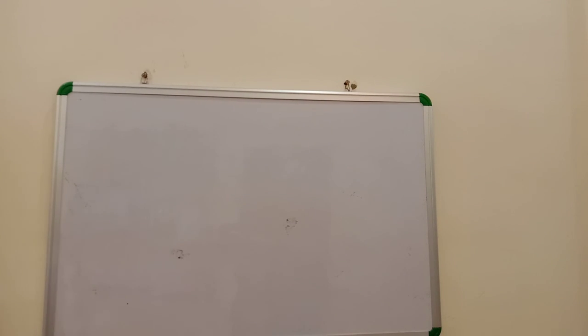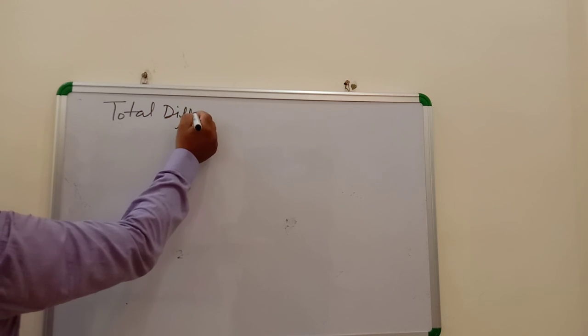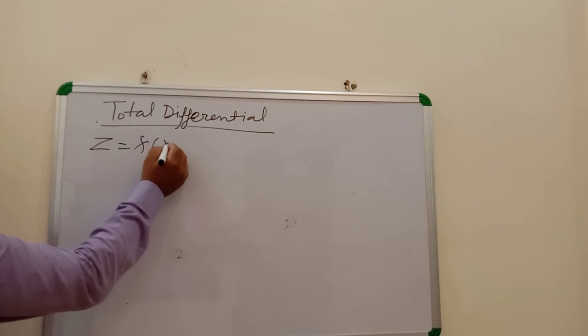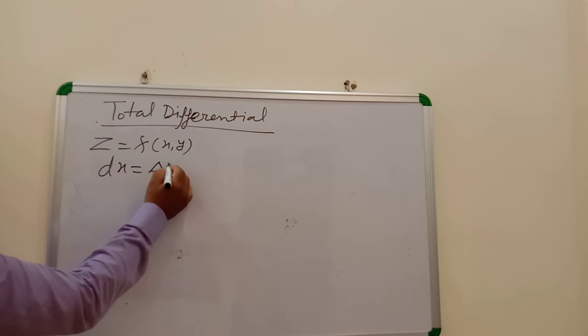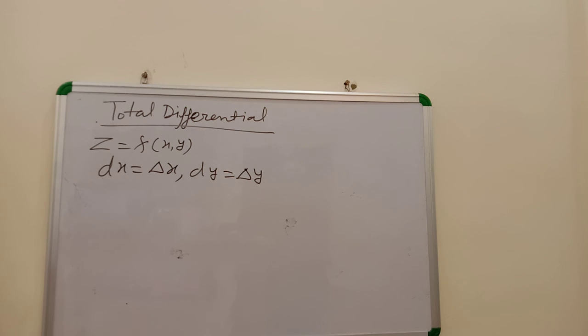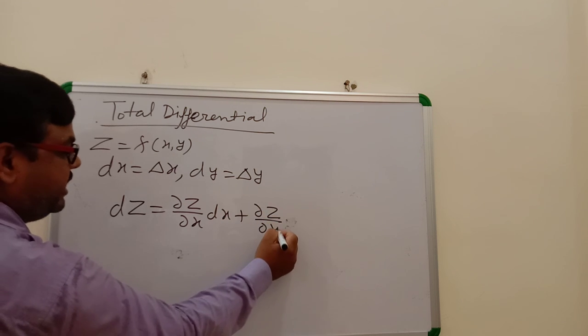Now we define the total differential. If z is a function of x and y, and small delta x, delta y are increments of x and y, then the differentials of the independent variables x and y are dx equal to delta x, dy equal to delta y, and the total differential of the dependent variable z is defined as dz equal to del z over del x dx plus del z over del y dy.